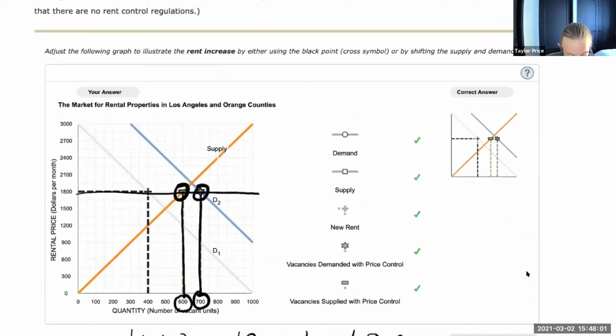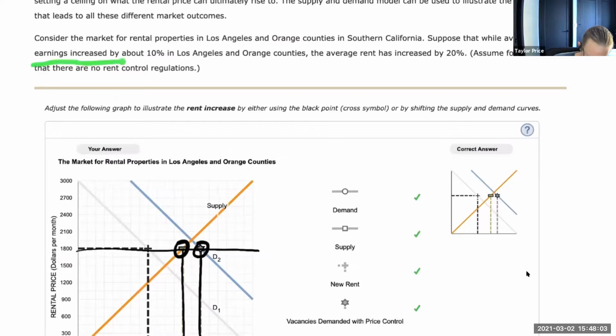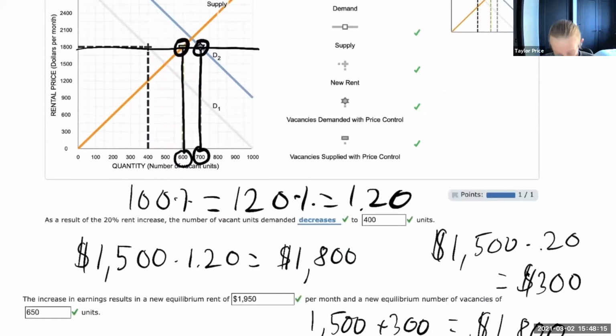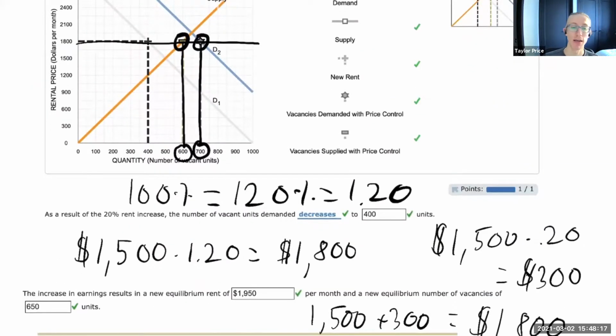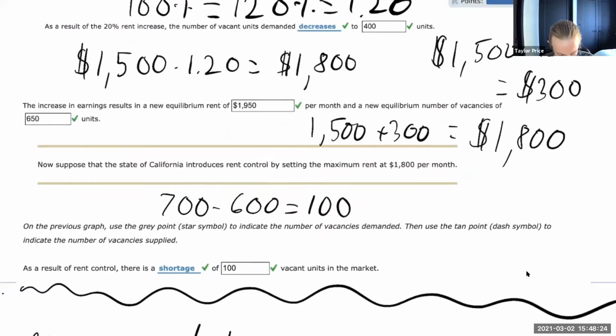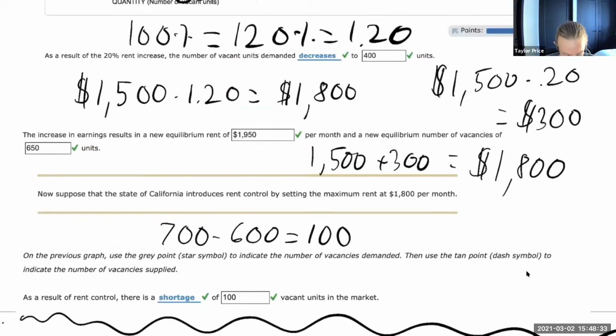And then you also have to do that for the 10% increase that was caused by the earnings increase. So basically, incomes increased as well. But the main point of this question is to show you the impact of rental controls. It's asking you to say that California imposes a rental control of $1,800 across the state.